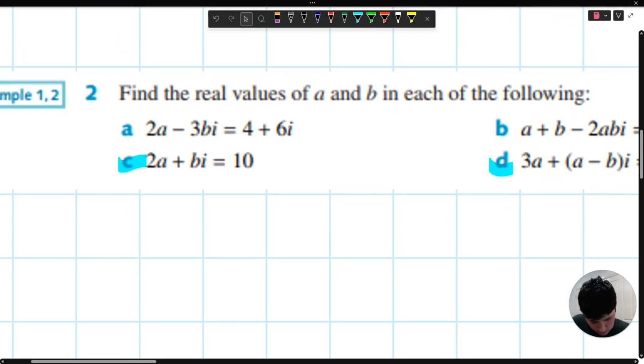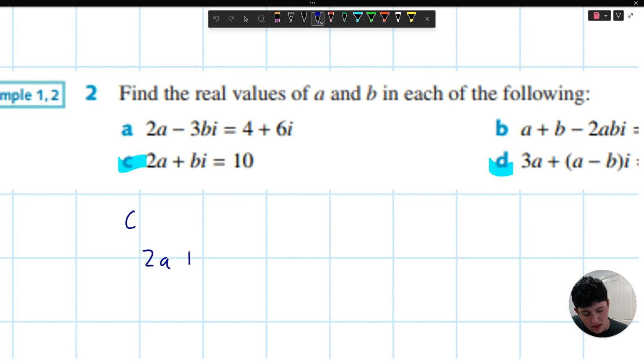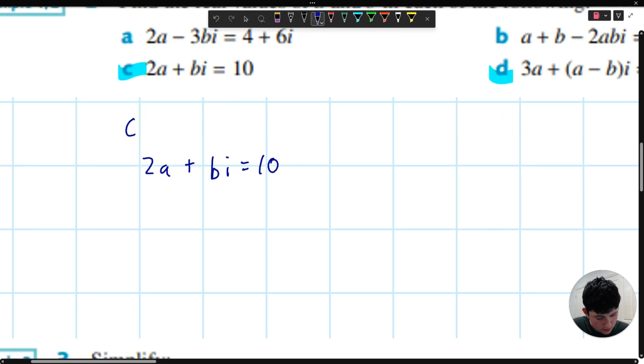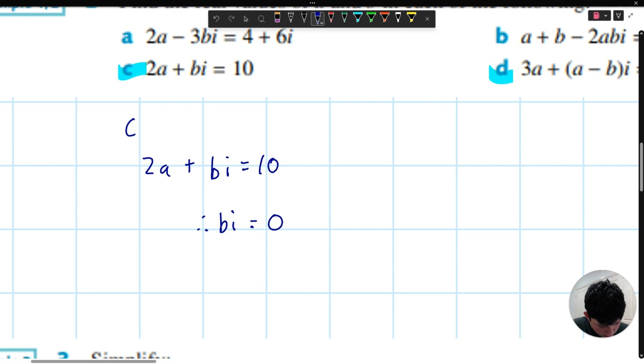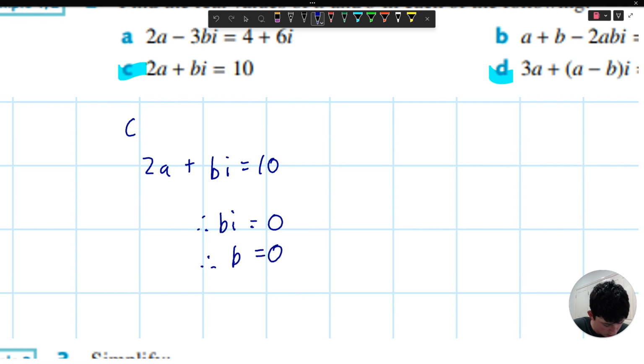Now, if we just see 2a plus bi is equal to 10. If you'll notice, there's no imaginary component. Therefore, bi is equal to 0. Therefore, b is 0. Simple enough.